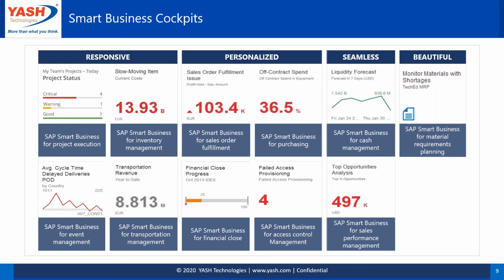Maybe a sales order fulfillment, because if you're not able to fulfill your sales orders, that means something is wrong in the system. So you can go down right from the top all the way to the detail, which are those top sales orders that are blocking the revenue or the opportunities. So likewise, in every area there are a lot of smart business cockpits.